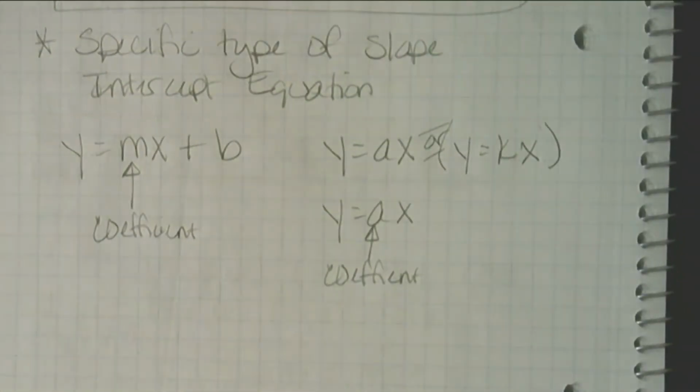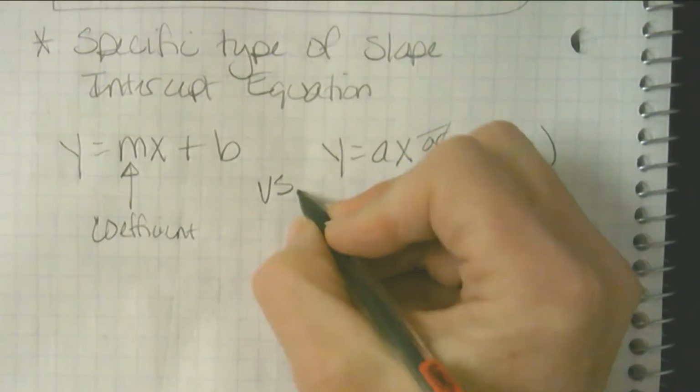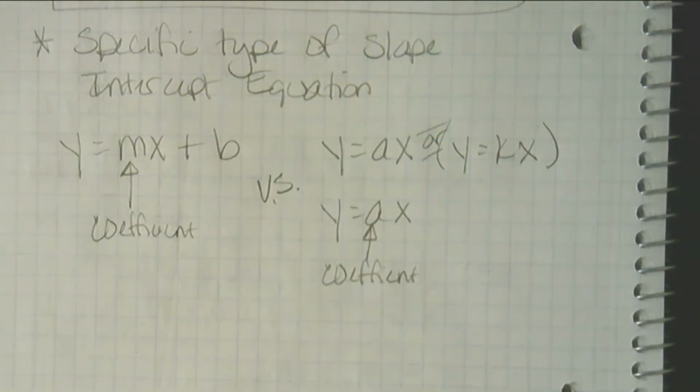All right. Visually, what is different between the two? I'm going to put versus, just so you can tell that we're comparing these. What's the other difference visually between slope-intercept and direct variation? Visually, what do you notice, Al?